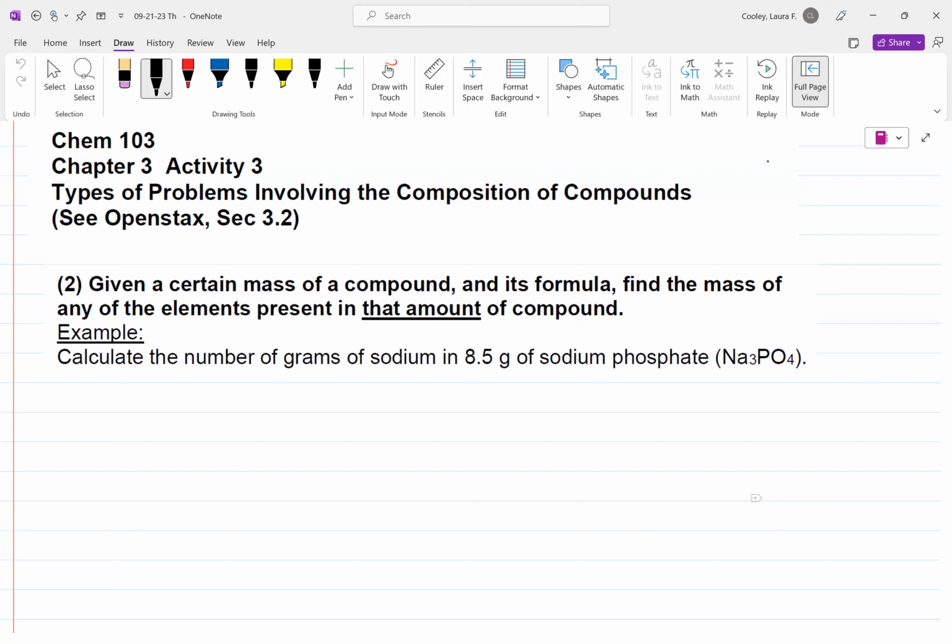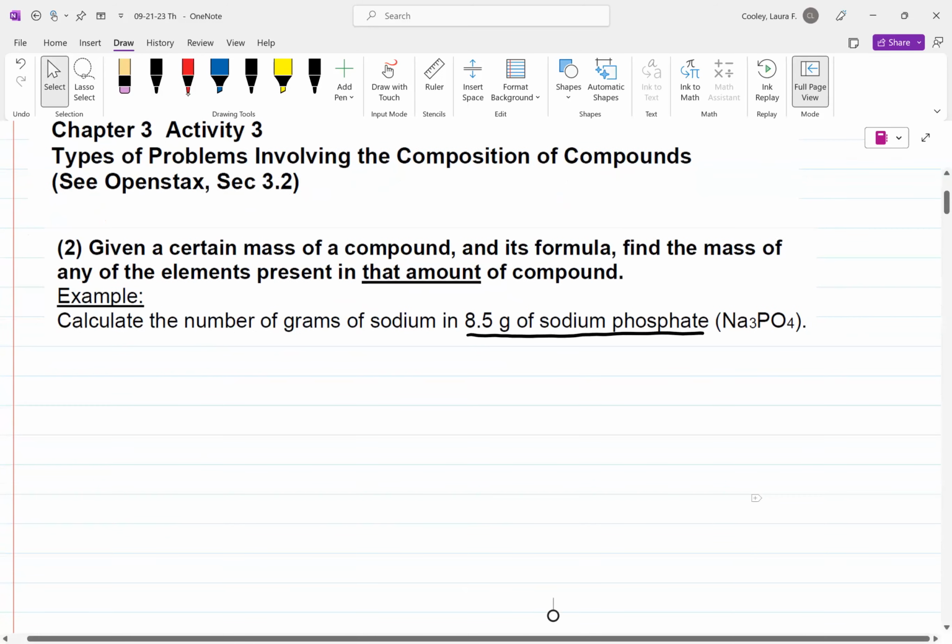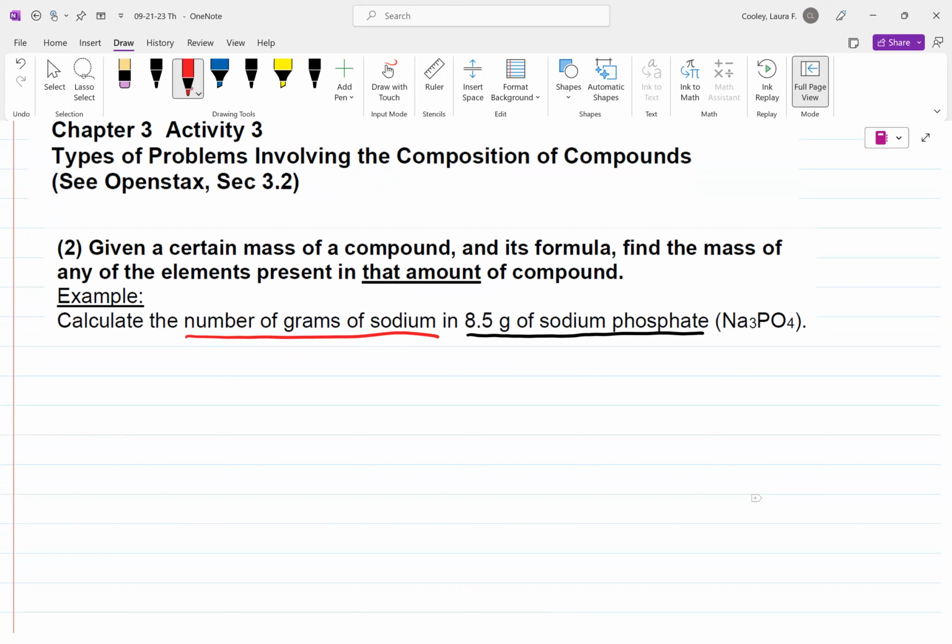In this case, you're given 8.5 grams of sodium phosphate, and you are asked to find the mass of any of the elements. In particular, you're asked to find the number of grams of sodium in that 8.5 grams of sodium phosphate. So there are 2 ways you could approach this problem.